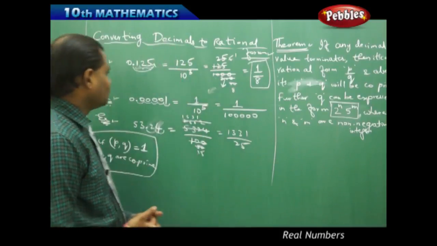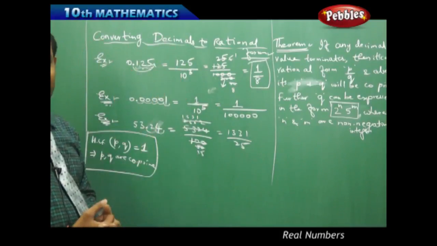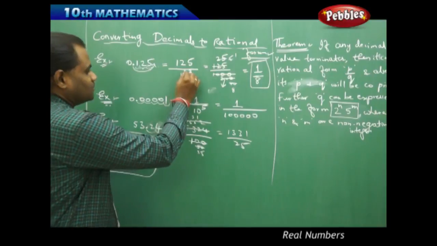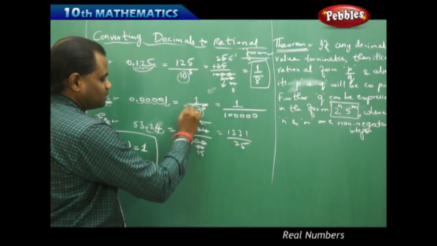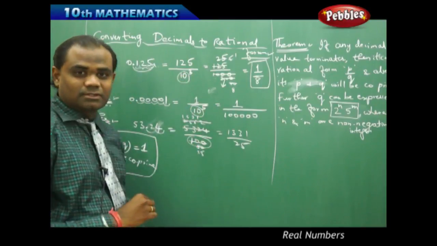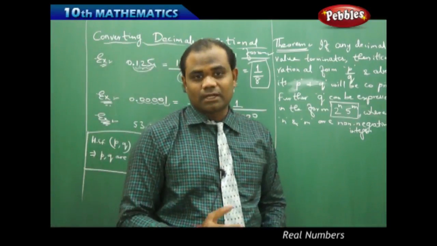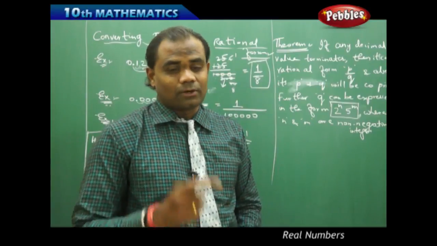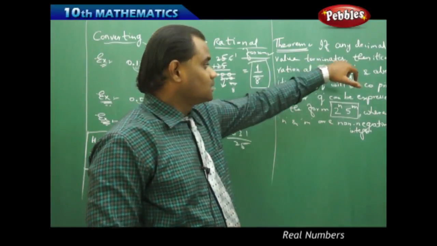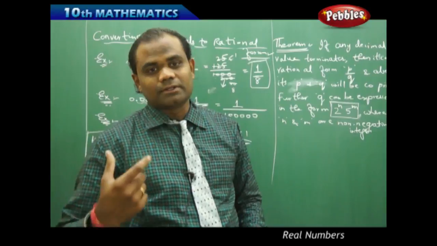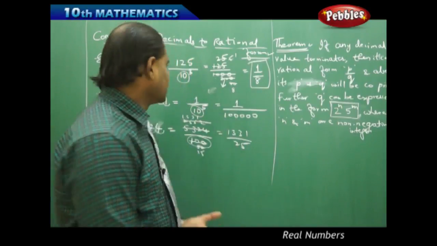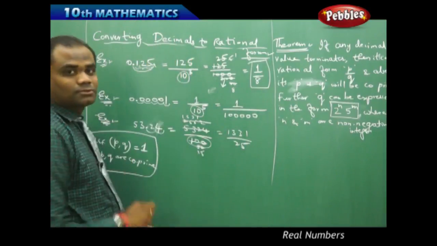Because whenever I wanted to convert the decimal value into the rational form, I have divided by 10 power, 10 power, 10 power, which is 100 as 10 square. So whenever a decimal value is converted into the rational form, if the decimal terminates, then I divide with 10 power the number of steps where the decimal has to jump to the right.